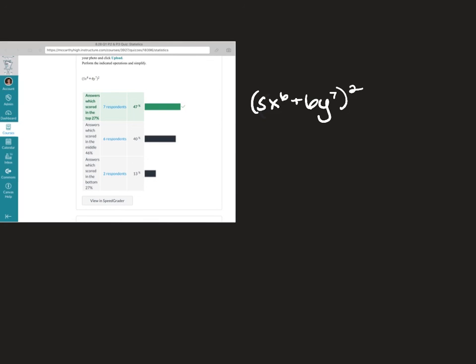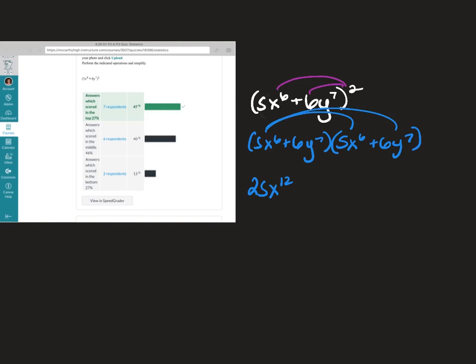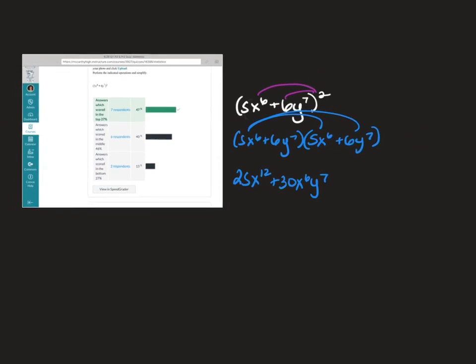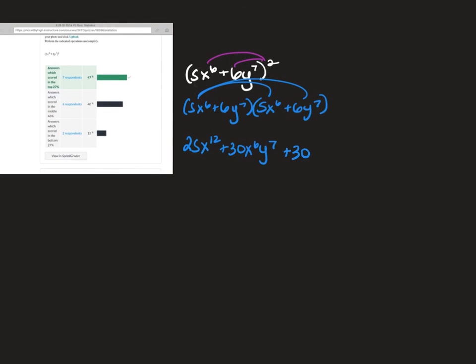So this one and the other one that was like this, a lot of you distributed the squared in. And remember, you can't do that. You have to expand this and FOIL it. So when I multiply these two, I'd get 25x to the 12th. Multiply these two plus 30x to the 6th, y to the 7th, plus 30x to the 6th, y to the 7th, plus 36y to the 14th.